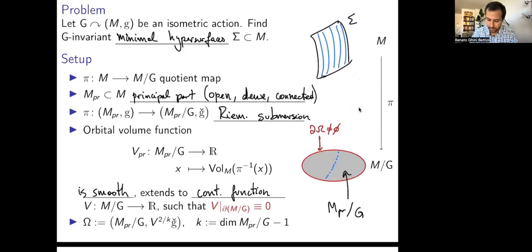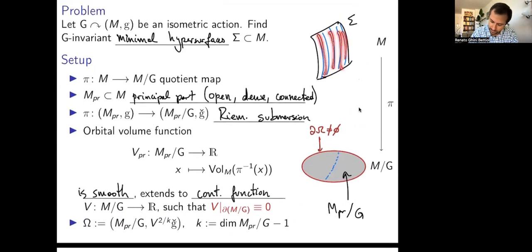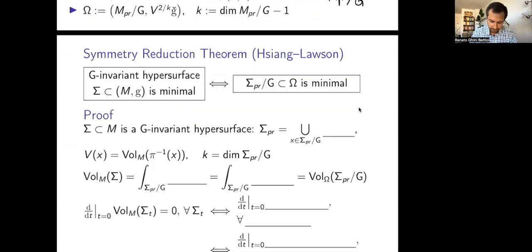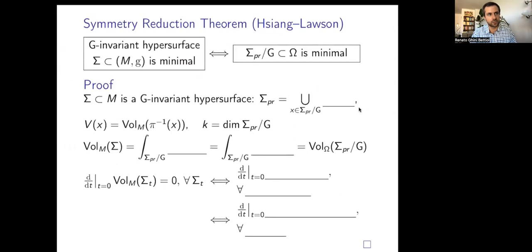Okay, so a hypersurface like this made of orbits is minimal in M if and only if the image down here, sigma principal part mod G, is minimal in the quotient when we equip the quotient with this conformal metric. Okay, so omega here, remember, is with the conformal metric. It's a very simple proof. So let's just go over this argument.